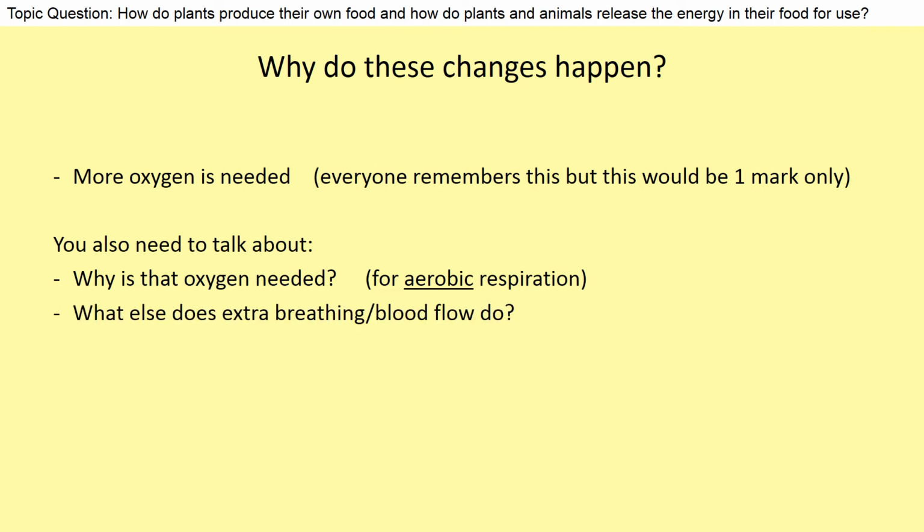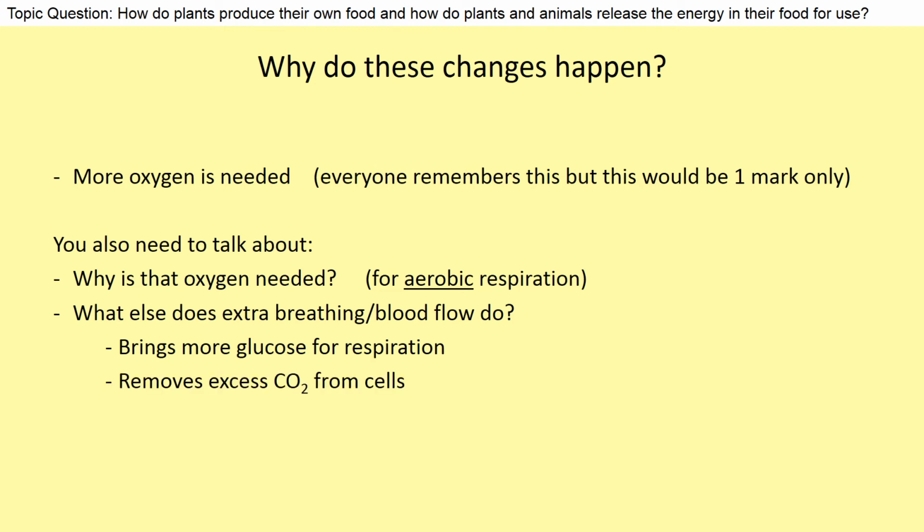But what else does that extra breathing and blood flow do? The extra blood flow is bringing more glucose, because you can't carry out respiration with only oxygen. You need glucose too. And the extra breathing and quicker blood flow will also remove excess carbon dioxide from the cells more quickly, and will remove any lactic acid that has built up from the cells more quickly.